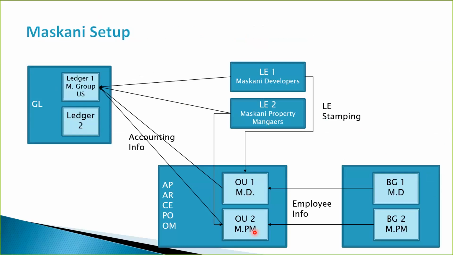Remember, we had to set up these business groups for each of the operating units, assuming this was because the list of employees will be different for both operating units.